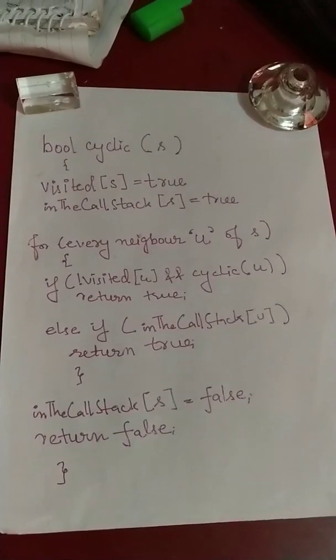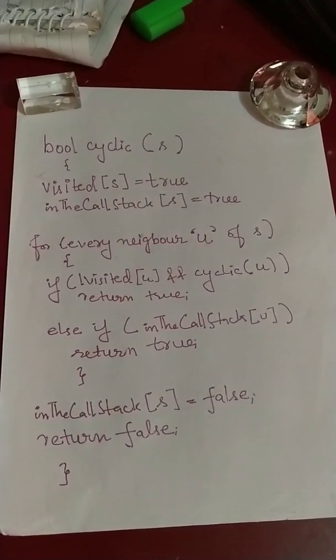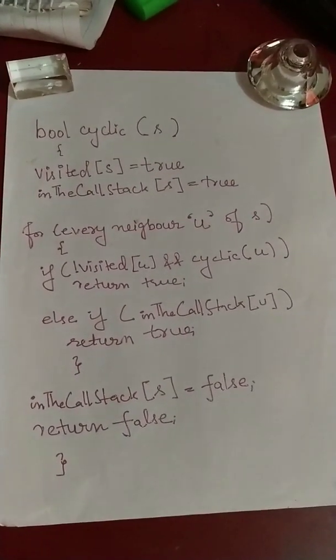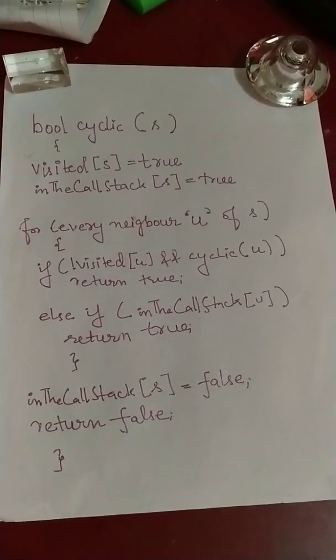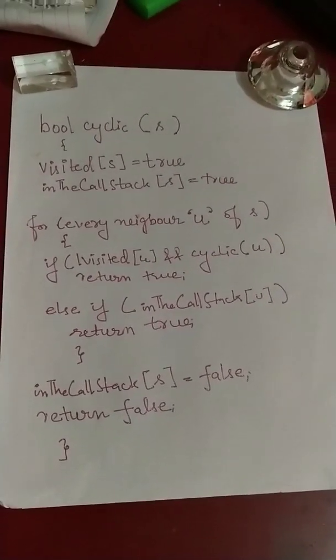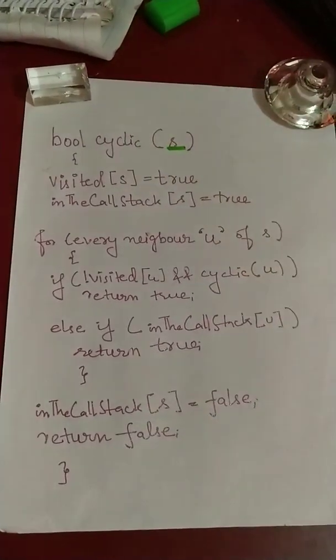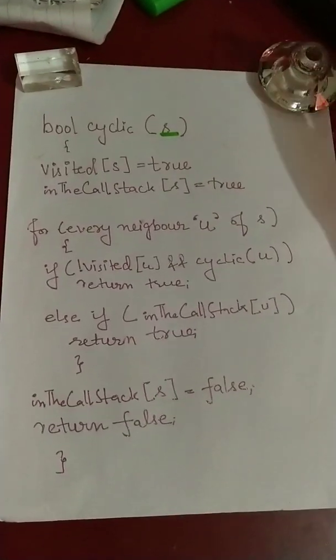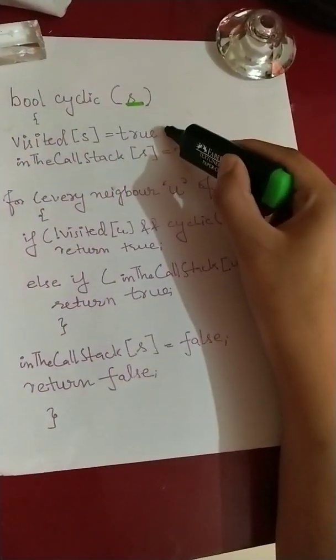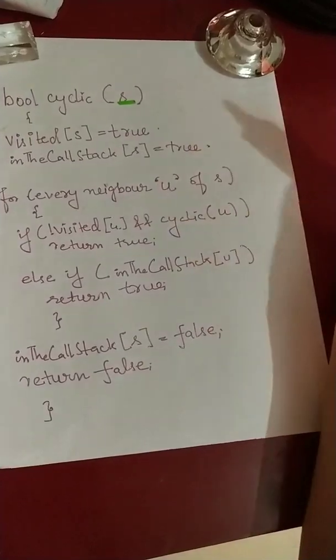Now let's have a look at the pseudocode for finding a cycle in the directed graph. I will be posting the link of the whole code in the description. Suppose S is the node from where we have started exploring. First of all, we will mark it as visited and put it in the call stack.